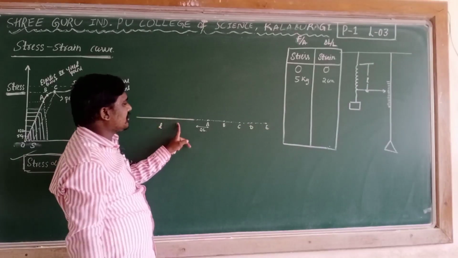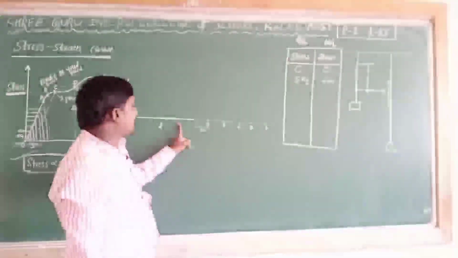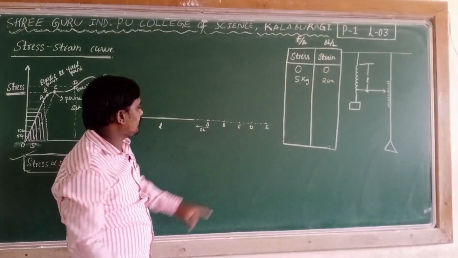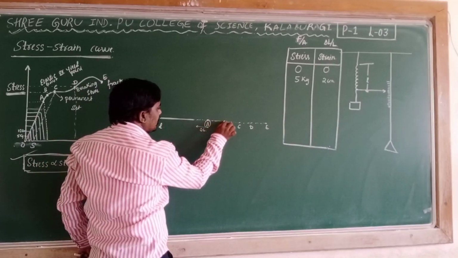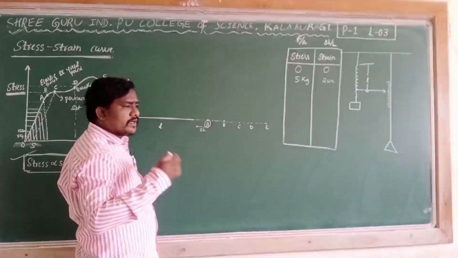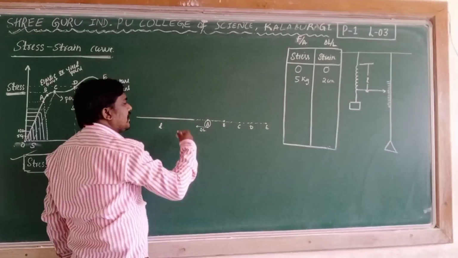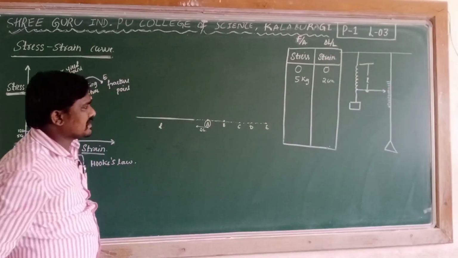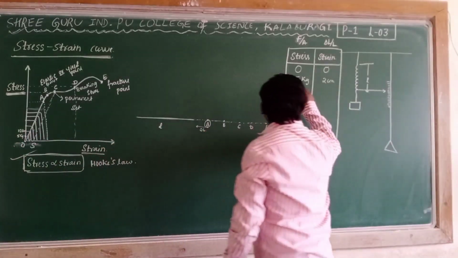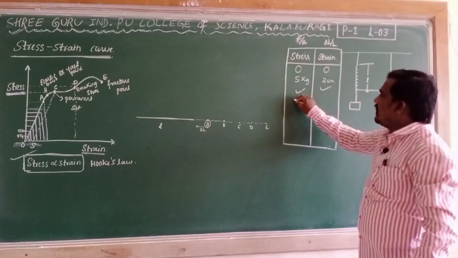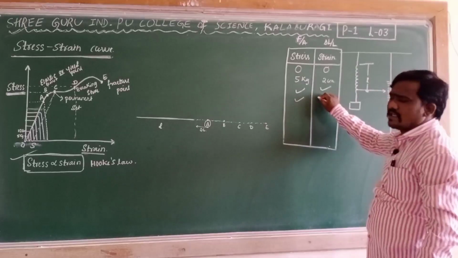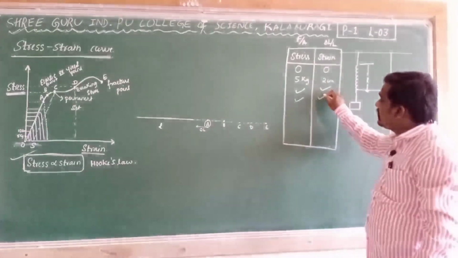We apply a stress on this steel rod, and from this point it changes from elasticity to plasticity. It goes on: if we apply a stress, the strain increases. A small stress increase gives a very large strain.